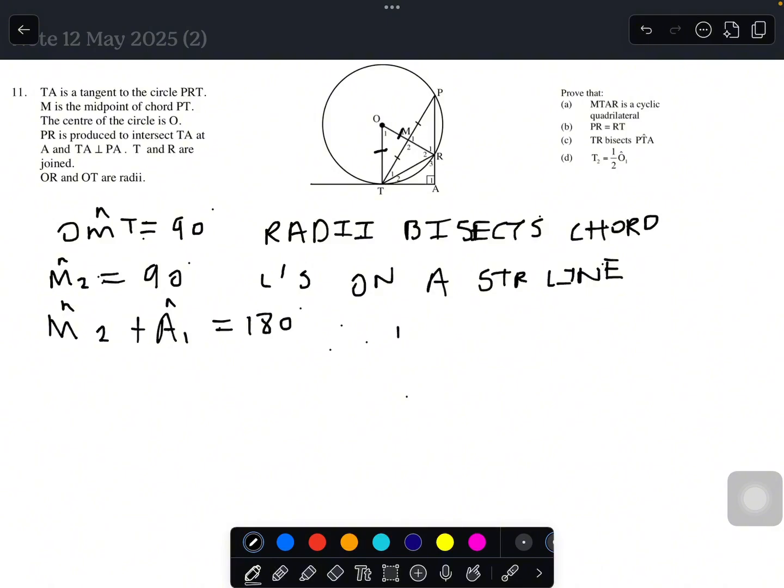Therefore, MTAR is a cyclic quad, and our reason for that is converse of opposite angles of a cyclic quad.